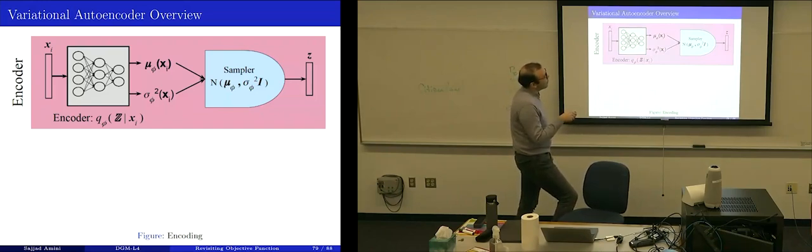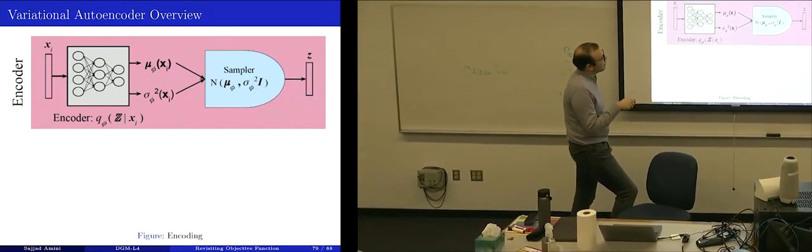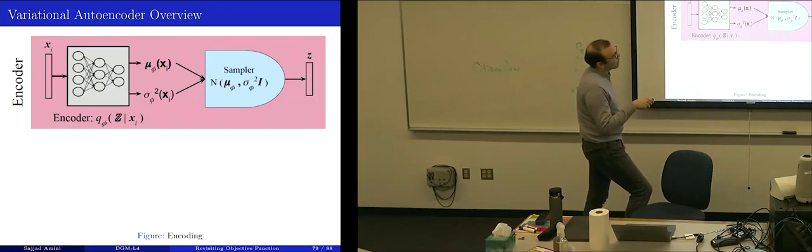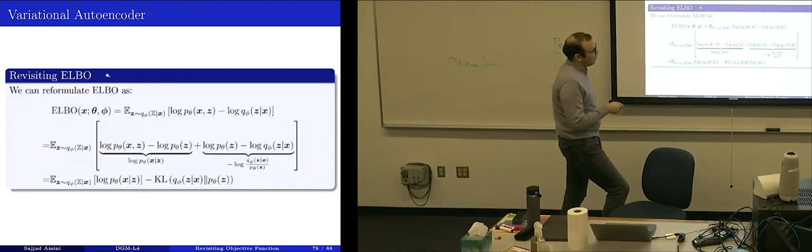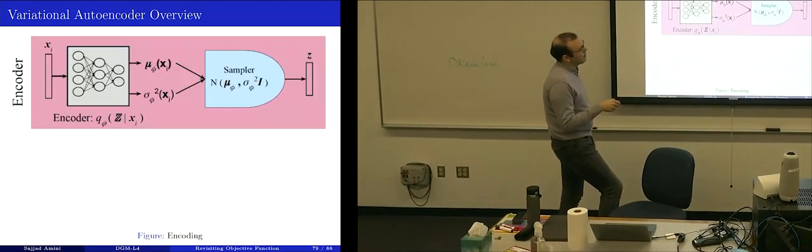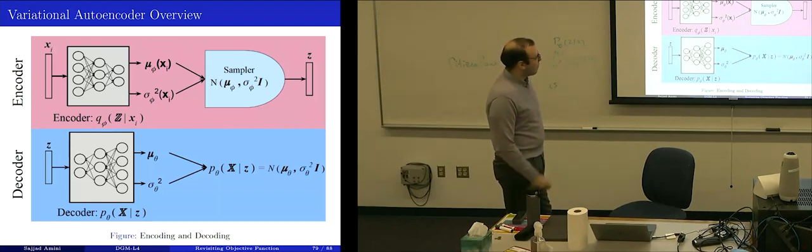At the output, you have the parameters corresponding to this xi for the approximate posterior, and then you sample from it and call it z. This is the z that is used to estimate the log of p theta of x given z. This is a sample from the posterior, and it is suitable and gives you a lower variance.